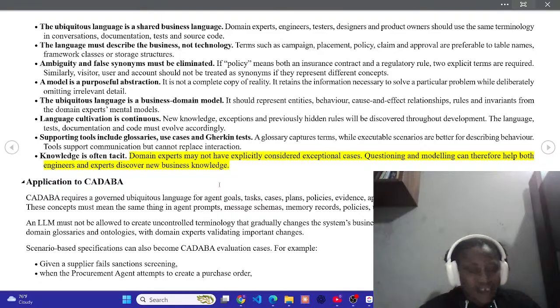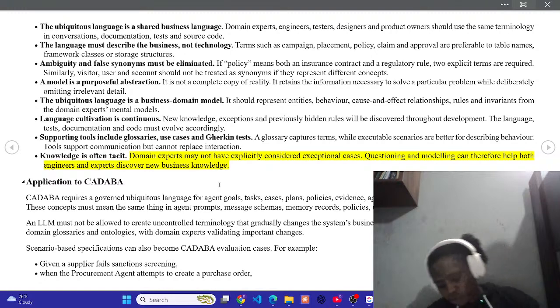They may not have knowledge of complex situations that they even want to solve. So questions and modeling can help both engineers and experts to discover new business knowledge. So it's very, very important. Design your requirement gathering, gather some questions that you want to ask them to expose these areas so you can understand the business better.